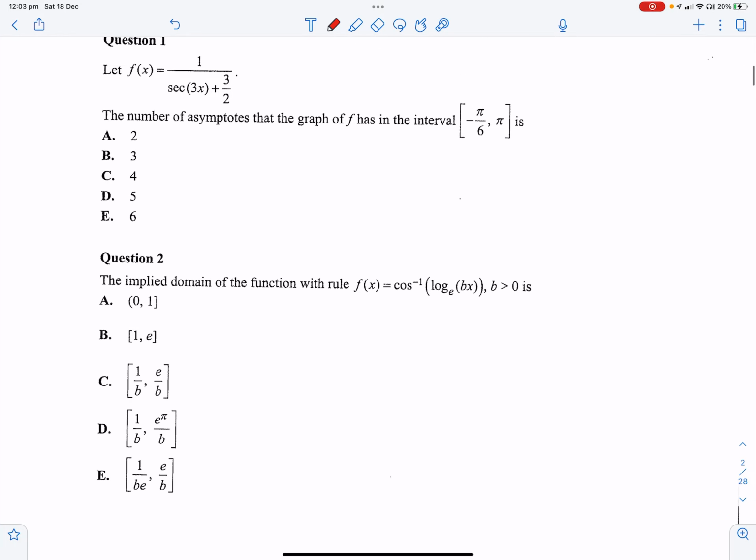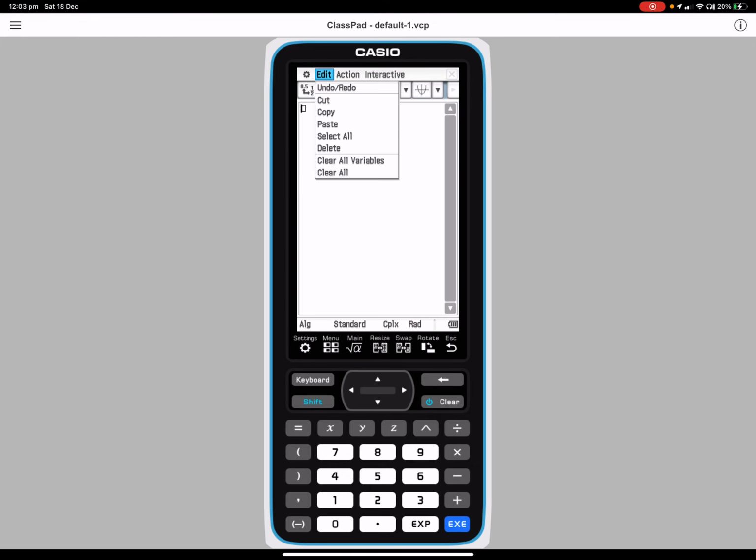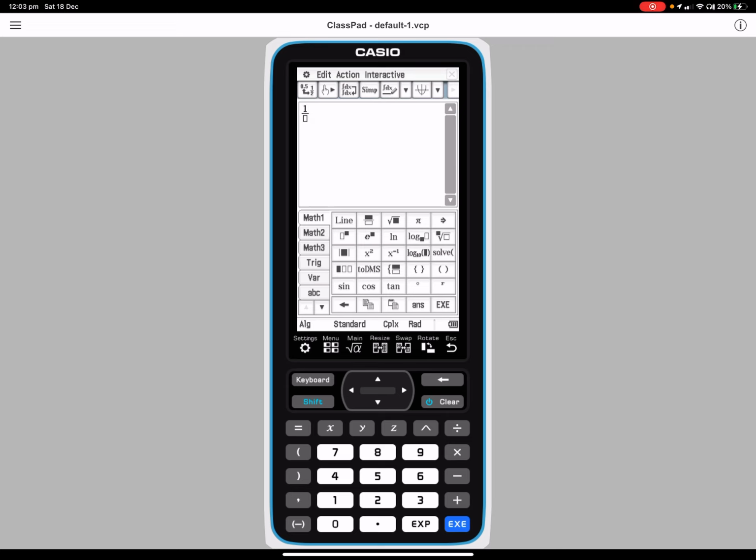Okay, let f of x equal 1 on sec 3x plus 3 on 2, the number of asymptotes in this domain. Okay, I guess we could graph it. Also, we know if sec of 3x is equal to negative 3 on 2, there'll be an asymptote because we'll be dividing by 0. So we could do that. 1 on cos 3x equals negative 3 divided by 2.